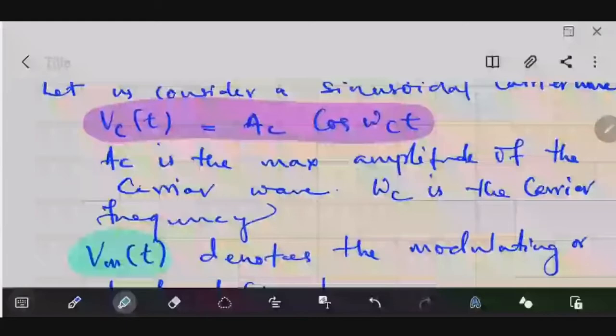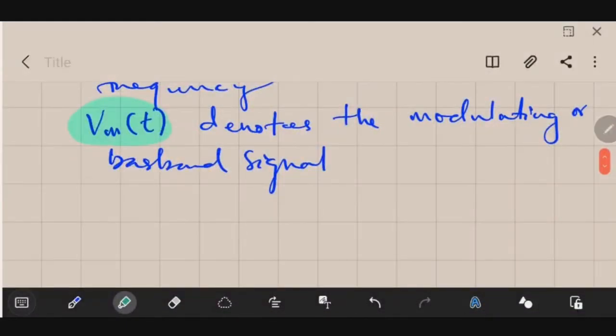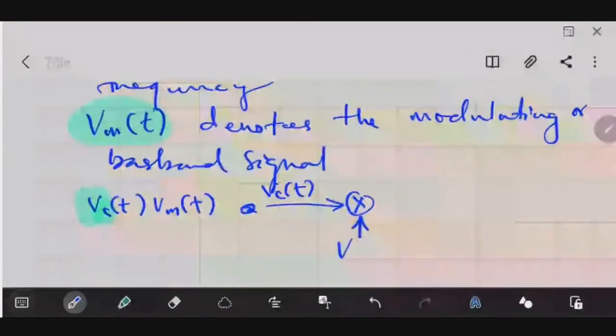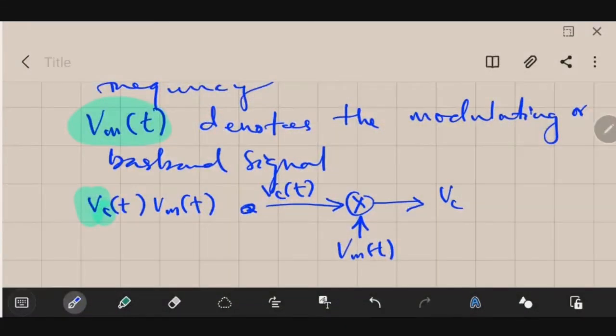However, there is a problem. Essentially, Vc(t) multiplied with Vm(t) is what we actually want. But whatever multipliers are physically available, if you give the signal Vc(t) to a multiplier and another signal Vm(t), the output ideally should have been Vc(t) multiplied with Vm(t). Practically, that is not the case.